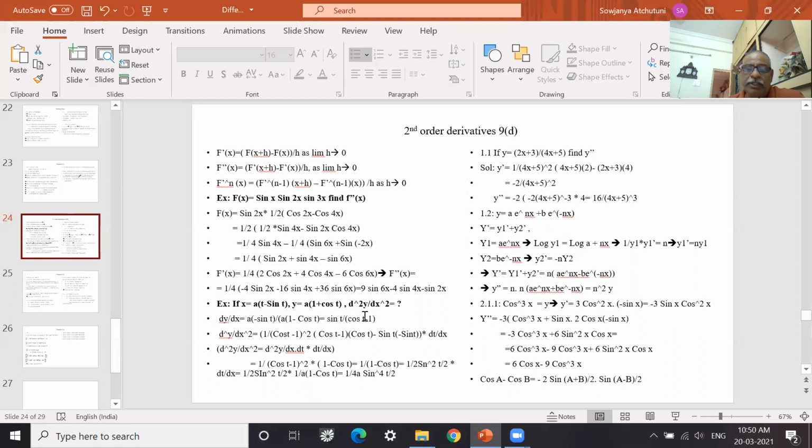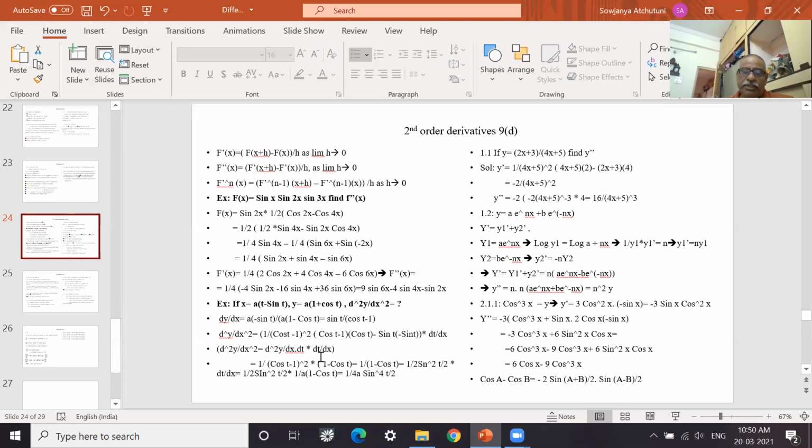So d square y by dx square is now again, 1 by (1 minus cos t) whole square into ((1 minus cos t) into cos t minus sin t into sin t). So I am getting d square y by dx square.